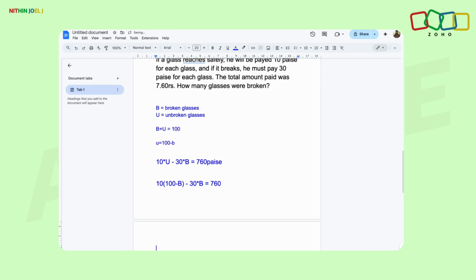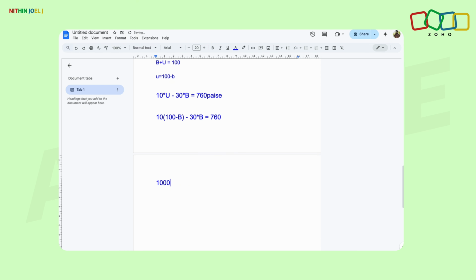So 10 into 100 is 1000 minus 10B minus 30B, which is equal to 760. So minus 10B minus 30B is minus 40B, equal to 760 minus 1000.